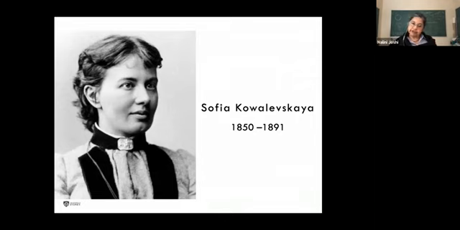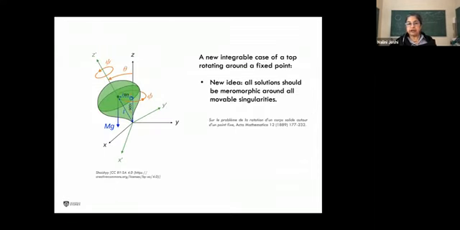And the key observation she made came about when she was studying the question of how to solve the equations of motion that govern a rotating top, which is rotating around a fixed point.